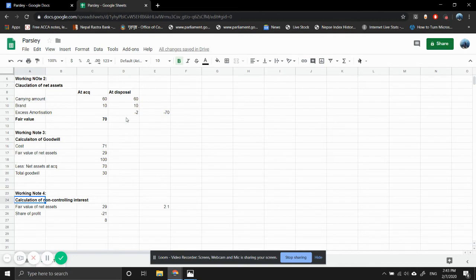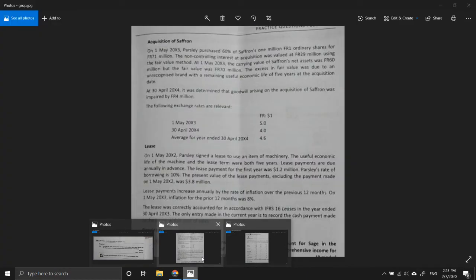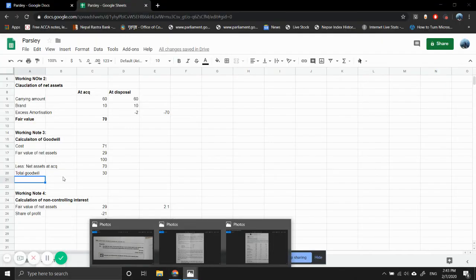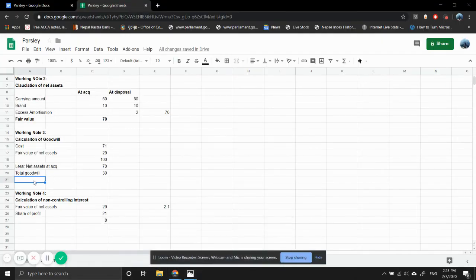So working note should be: is there impairment? Yes, there is an impairment of 4 million. Less impairment, minus 4, right? So goodwill will be 26, right?